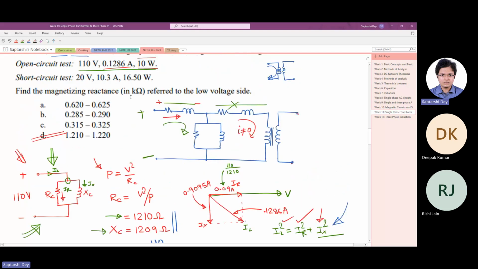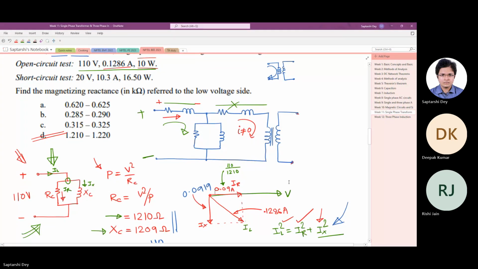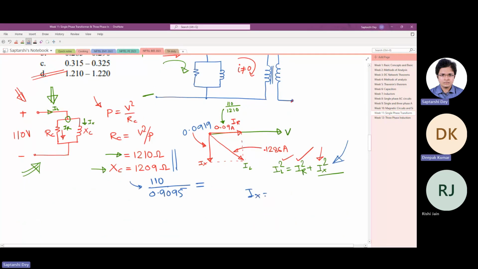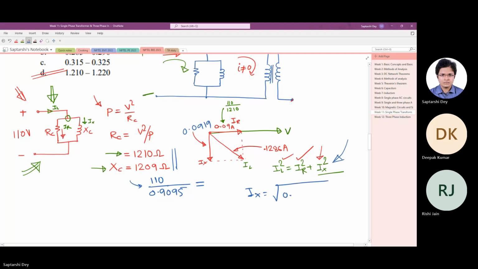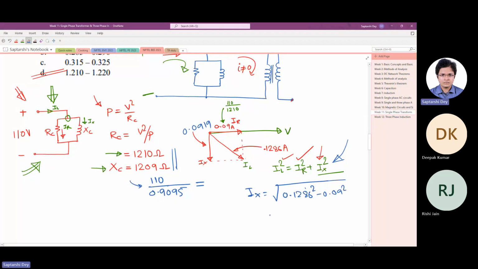Now if I use 0.1286 squared minus 0.09 squared, IX is the square root of 0.1286 squared minus 0.09 squared, which will give you 0.0919 ampere.